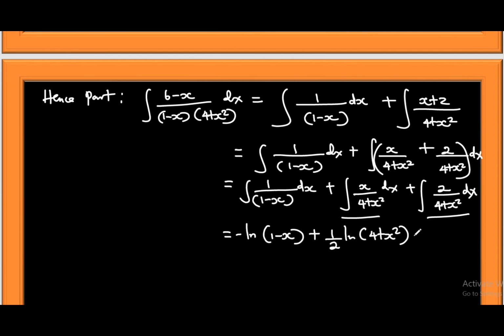And when you do it carefully, you will come up with tan inverse of x out of 2, and then plus our arbitrary constant of integration. So that is our integral of 6 minus x divided by 1 minus x into brackets 4 plus x squared.